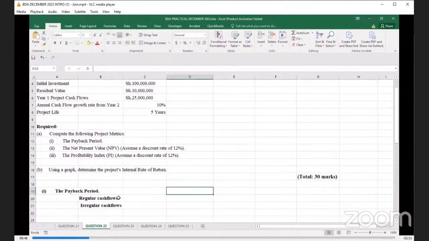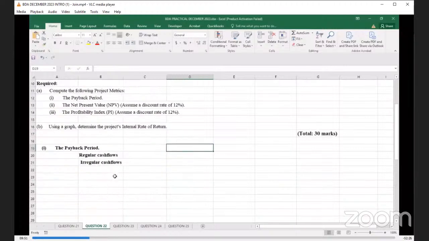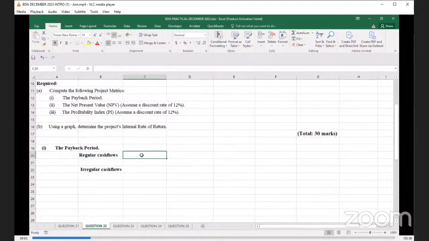Unequal. Having that in mind, it is important now to analyze the next step, which is the formula. For regular cash flows, this one is always really simple. For us to determine the payback period, consider your initial investment.